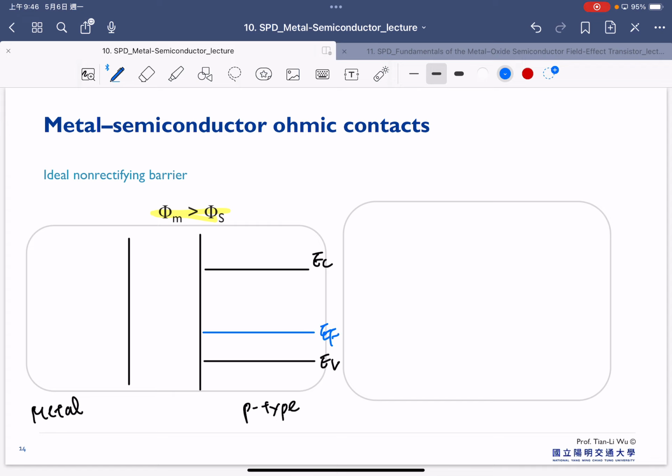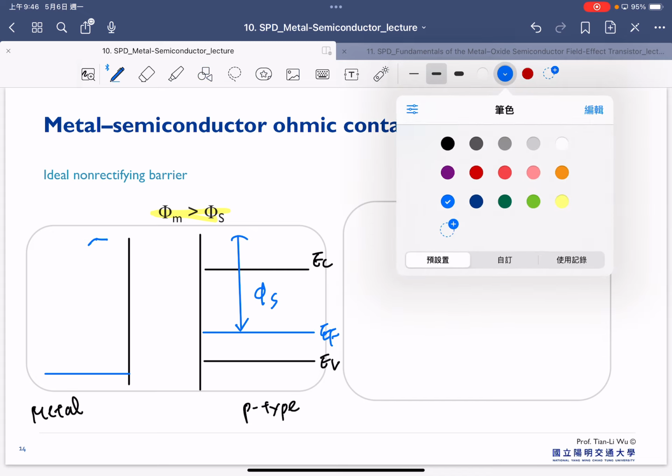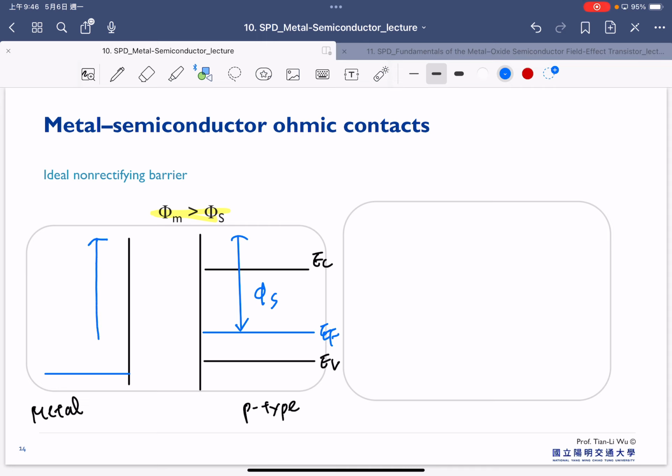So our EF is close to the valence band, and this is phi s. So right now phi n is larger than phi s, so that means our phi n could be somewhere here. So this is the case phi n is larger than the phi s here.